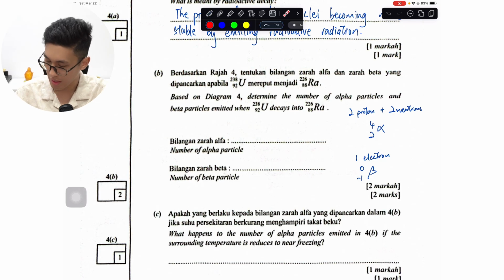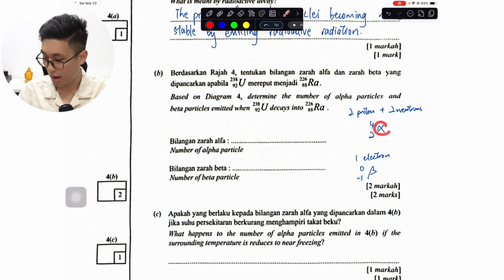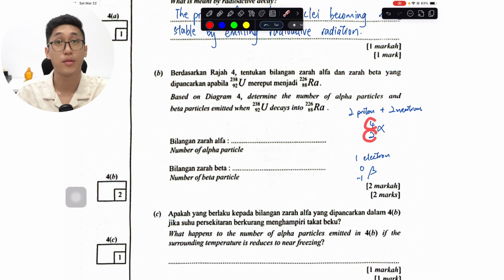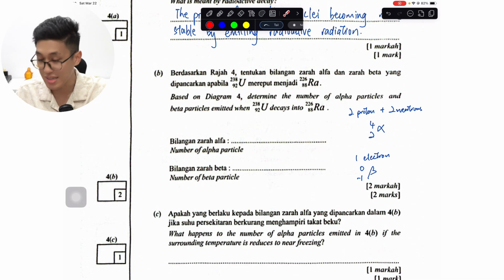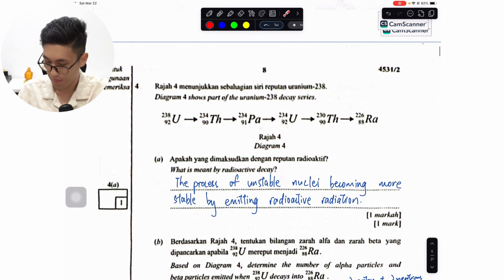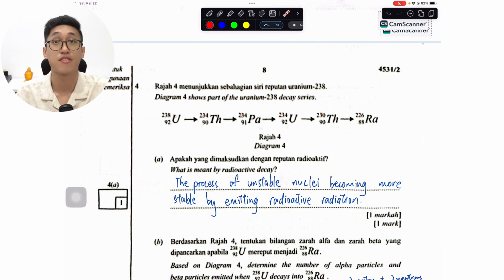Okay, so from what you can see, if you release alpha, it will affect your top and bottom number. But if you release beta, it will only affect the bottom number only. It won't affect the top number. Do you understand? So what we can do is we can check how many times the top number is affected.